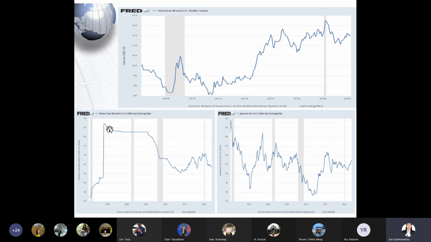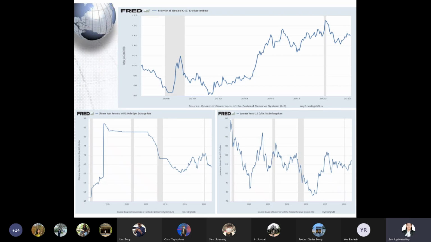You can see at some point it was almost fixed, and then it was crawling, and then it goes down here. So this is for China, for renminbi, and the shaded area indicates the crisis in the US as well.